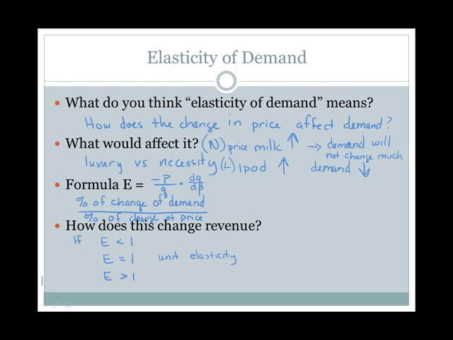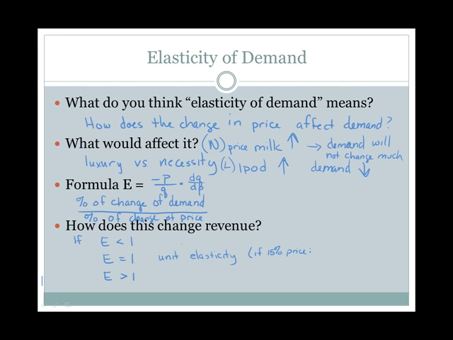It means that for each percent of change of the price, you get the exact same percent of change of the demand. So if you have a 15% price increase, you're going to have a 15% demand change.